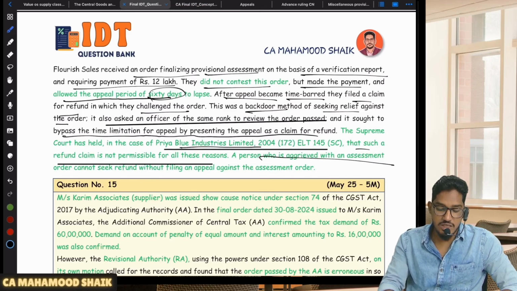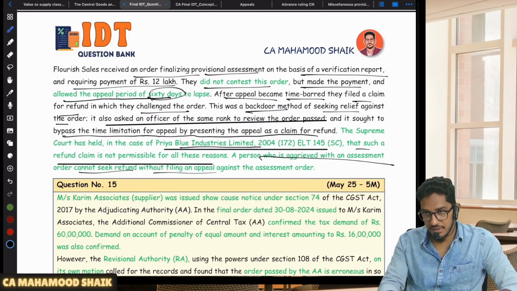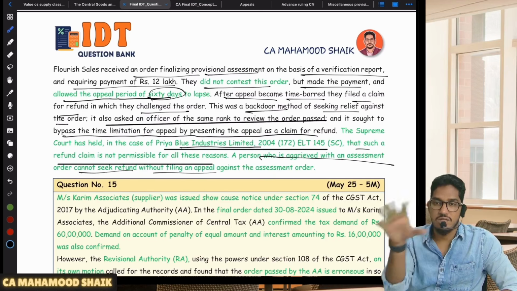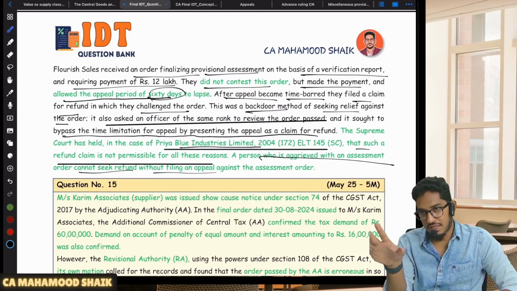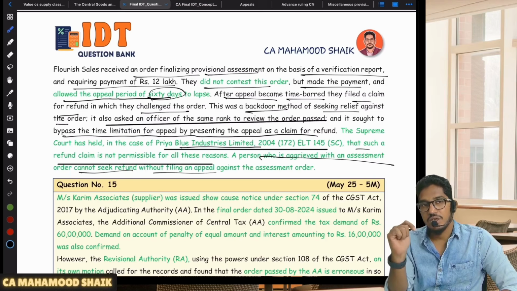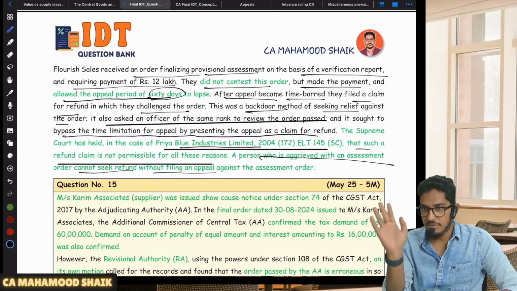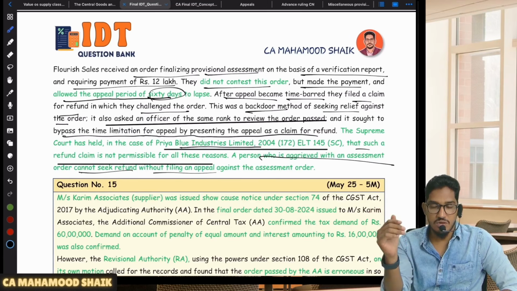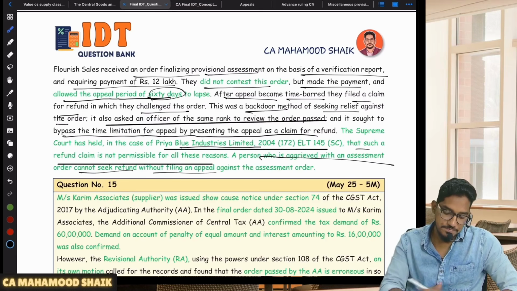A person who is aggrieved with an assessment order cannot seek refund without filing an appeal. That judgment has been given in this case, and that is what will become applicable here. So the overall summary is, in case the final assessment order has come, if you did not challenge it and the time limit expired, you can't cover it up by filing a refund claim. Simple as that. This is what is taken from the case law of Priya Blue Industries Limited and the Supreme Court.